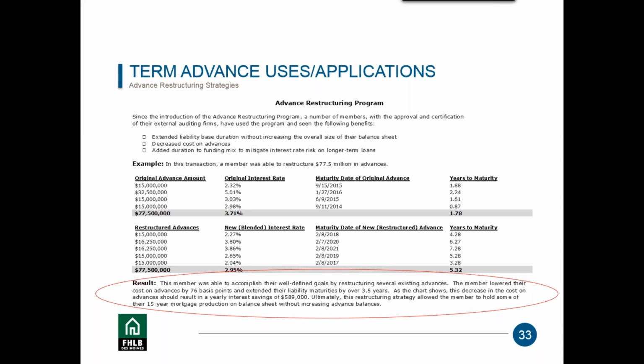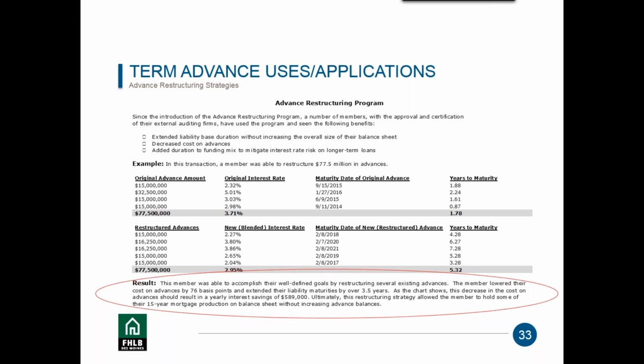And you've got this new blended advance rate of 2.95%. That would be slightly higher than the weighted average rate for standard posted advances currently, again due to the fact that any prepayment assessments would have been absorbed into the amortization of the advance to term, right? You're not prepaying an advance, but that prepayment penalty is essentially embedded into the coupon.